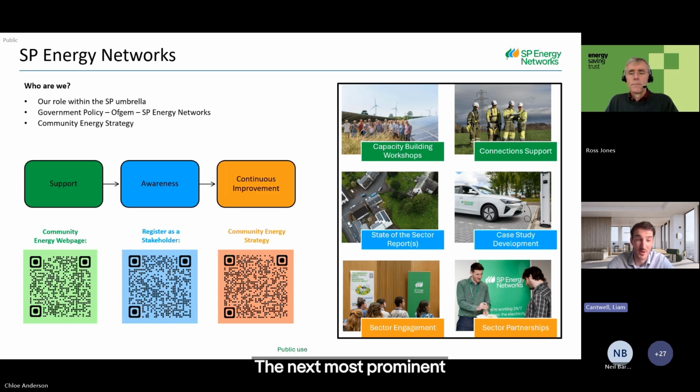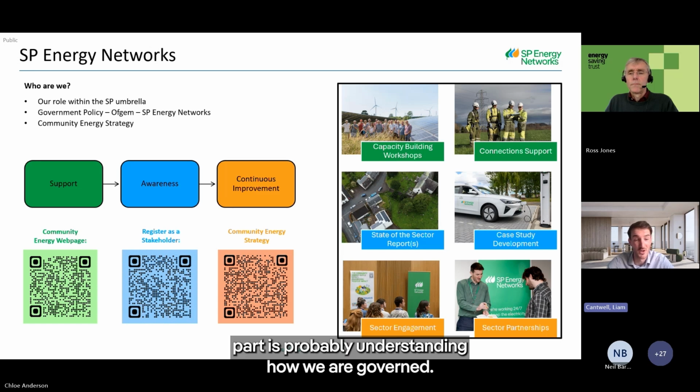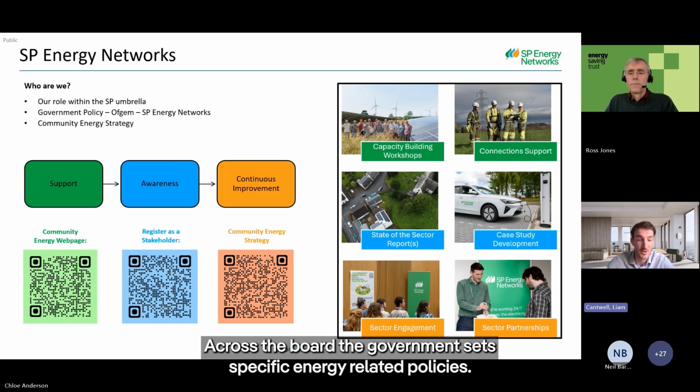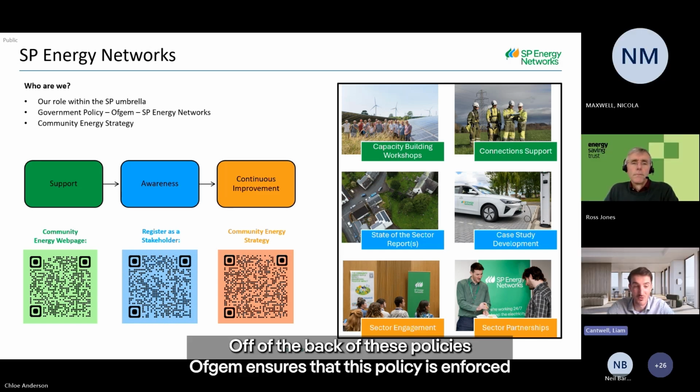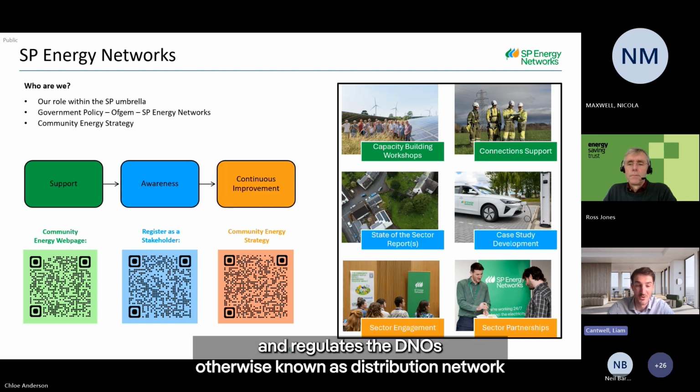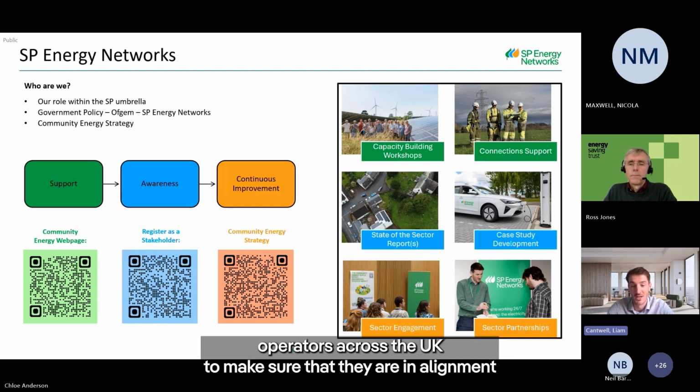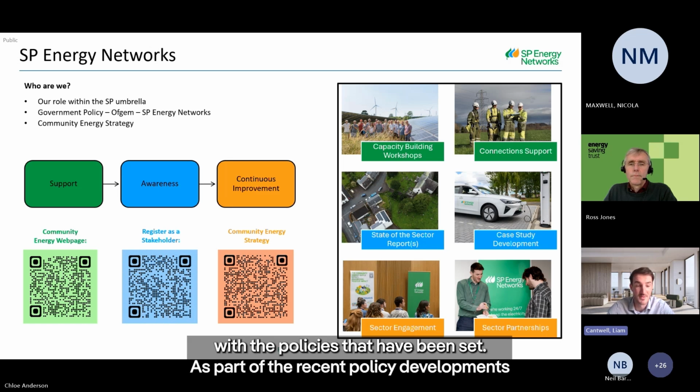The next most prominent part is probably understanding how we are governed. Across the board, the government sets specific energy-related policies. Off the back of these policies, Ofgem ensures that this policy is enforced and regulates the DNOs, otherwise known as distribution network operators, across the UK to make sure that they are in alignment with the policies that have been set.